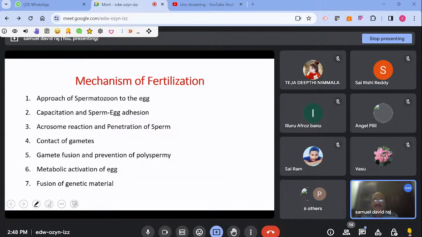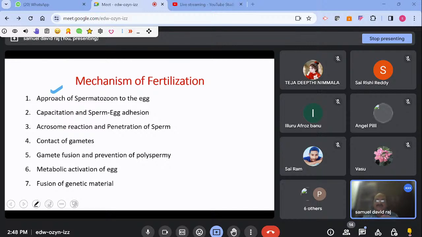Okay, and coming to the mechanism of fertilization. For our understanding, scientists have divided the entire process of fertilization into 7 steps. One is the approach of the spermatozoon to the egg. After that, the sperm has to adhere to the egg, that is what we call capacitation and sperm-egg adhesion.